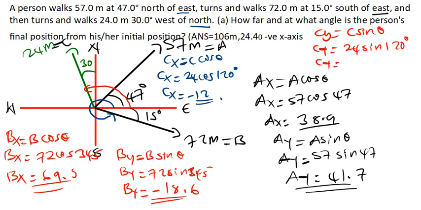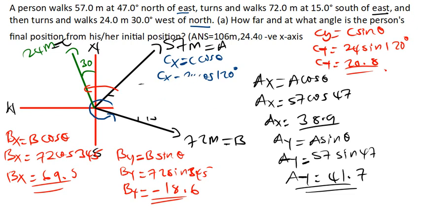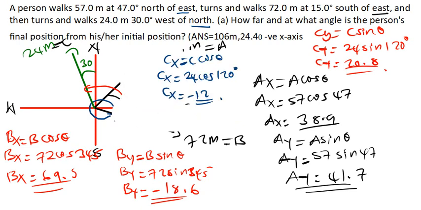This is giving me 20.78, which is 20.8. Now I no longer need this diagram here. Let me just remove it.